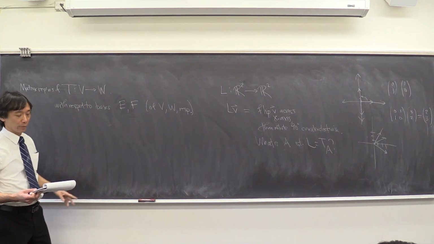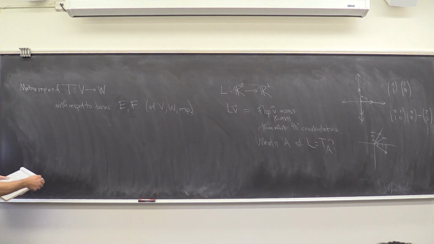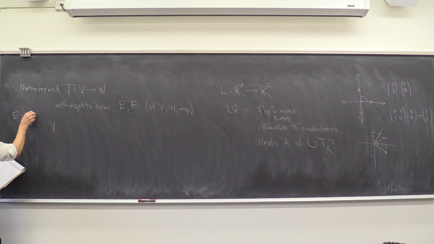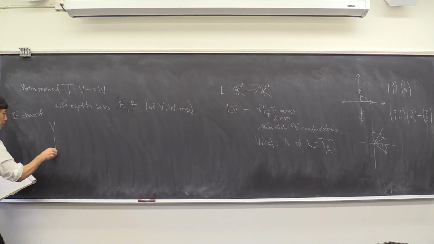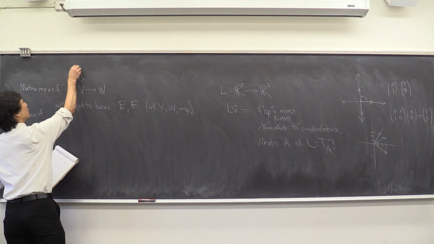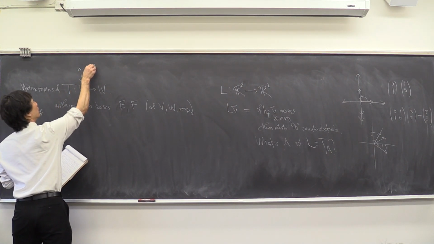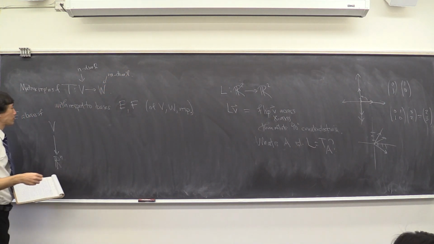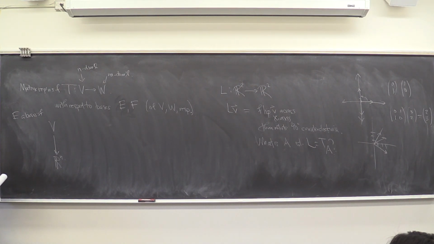That will give us coordinate vectors, right? So E a basis of V gives us a map from V to Rn, say V is n-dimensional, and W is m-dimensional. You guys remember the coordinate vector map?